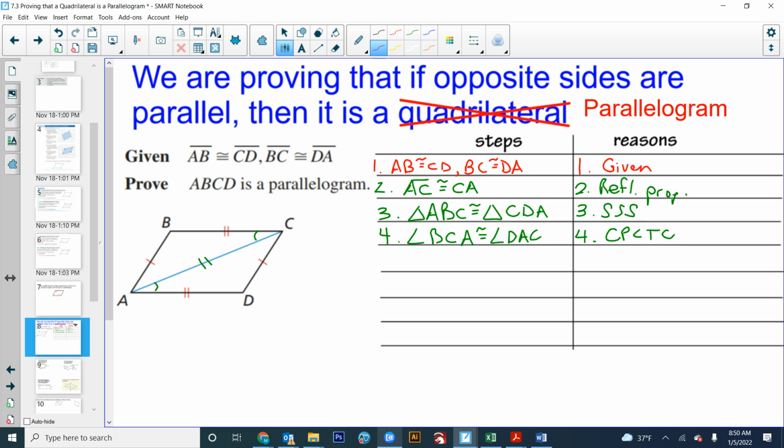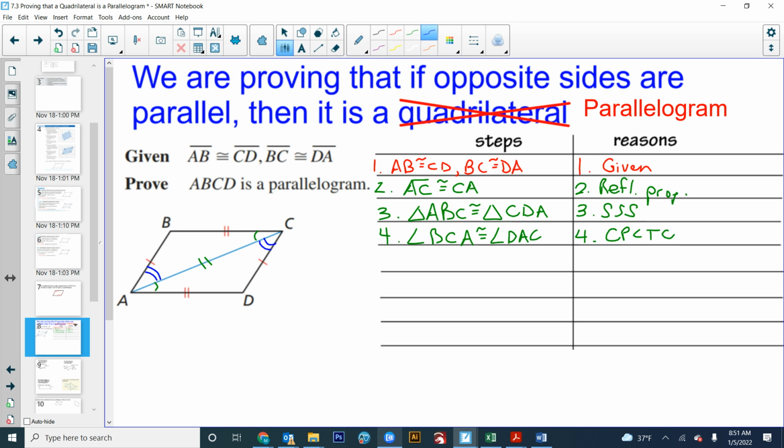All right. Well, that's going to make BC and DA parallel, right? Aren't we going to have to show both sets of opposite sides are parallel? Well, are these alternate interior angles congruent? Now, when I say alternate interior, not because of alternate interior, but because of location, are these angles congruent? Not because of alternate interior angles, CPCTC.